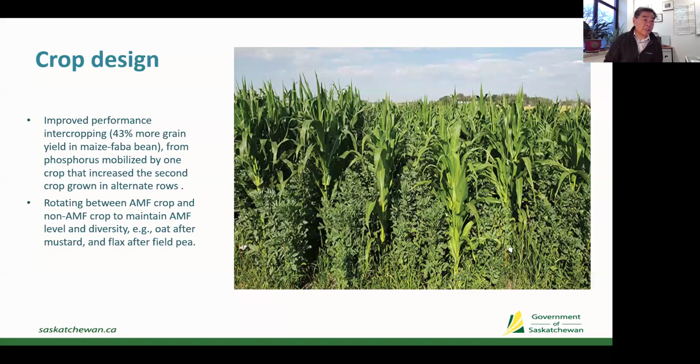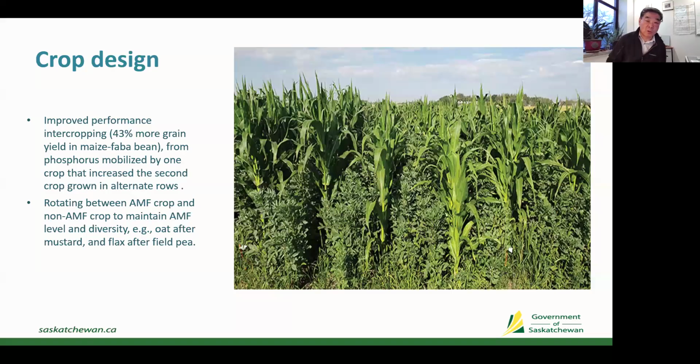Another thing you need to think about is rotating between AMF crops and non-AMF crops to maintain AMF level and diversity. For example, grow oats after mustard, because mustard is not really an AMF-supporting crop.